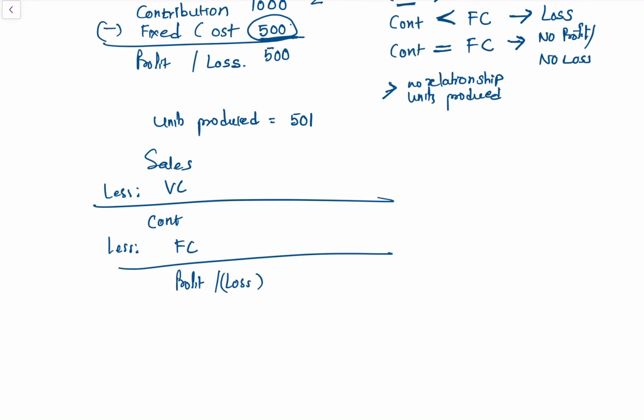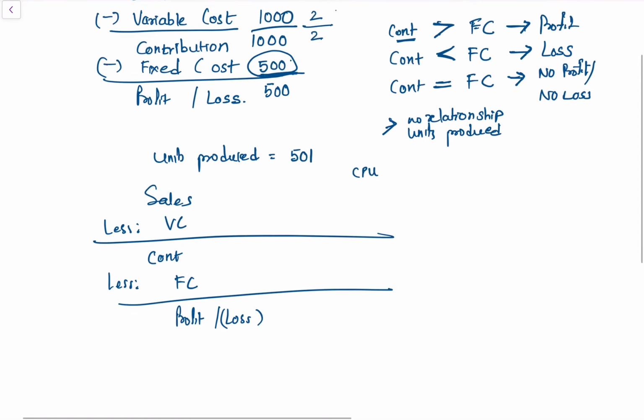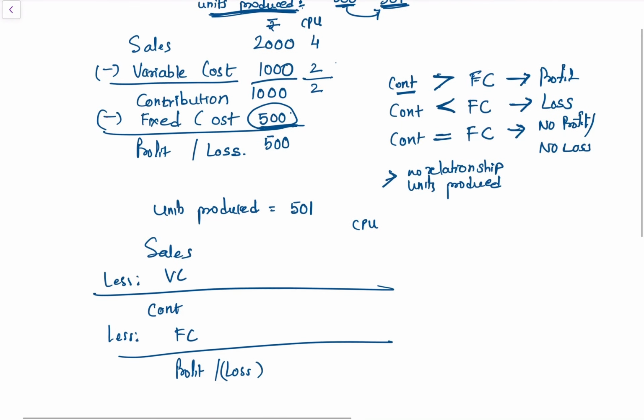If it's positive, we'll write it simply. I'll first write down the cost per unit, because cost per unit remains constant, as in our question we are not assuming any changes happening. So the sales per unit is constant. Variable cost per unit remains constant because it has a relationship with the units produced. So we are considering cost per unit in that case.